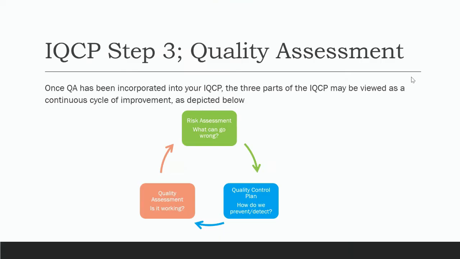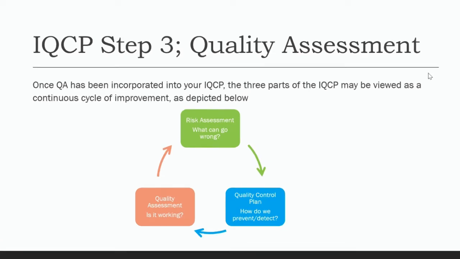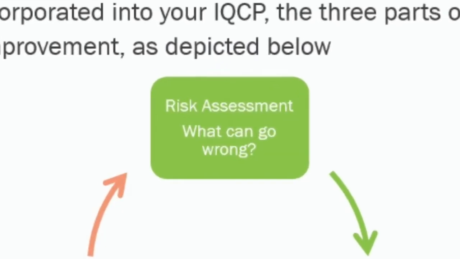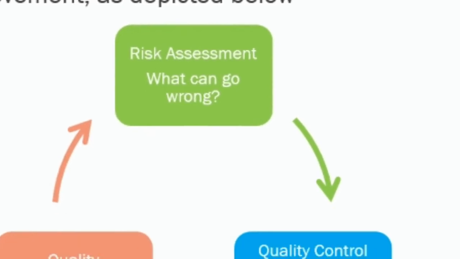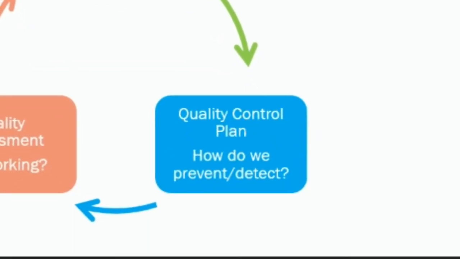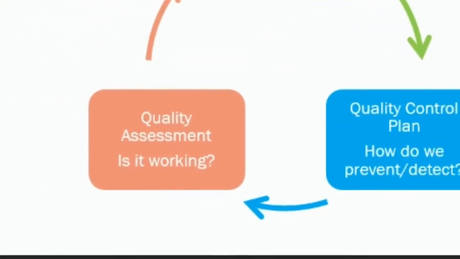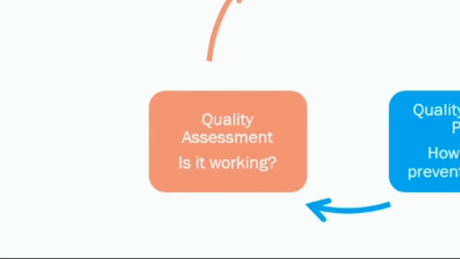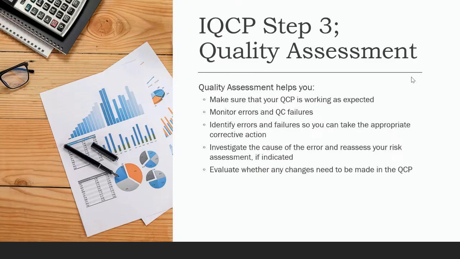Once quality assessment has been incorporated into your IQCP, the three parts of the IQCP may be viewed as a continuous cycle of improvement, where risk assessment incorporates all potential instances that may lead to a wrong result, the QC plan ensures that no mistakes happen, and, finally, the quality assessment reviews and assesses whether the whole IQCP elements are working as intended.